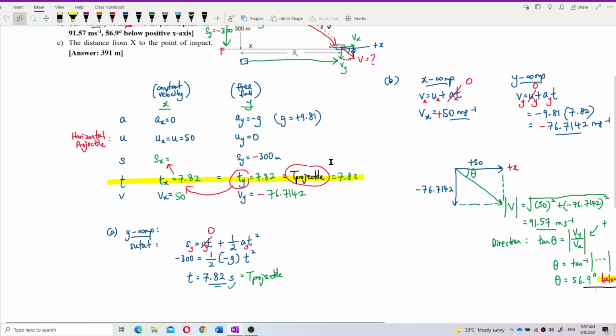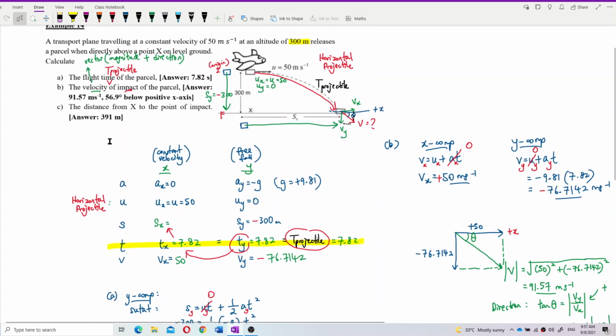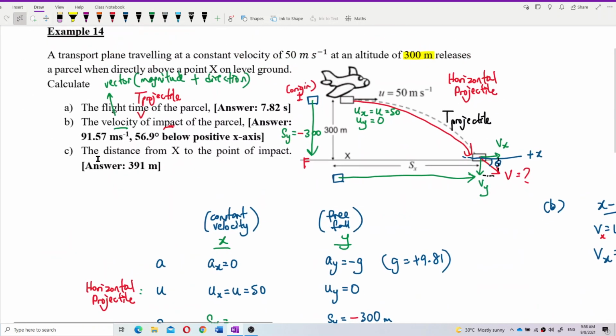The last thing is question C. Question C, what's the distance from x to the point of impact? So this is about the distance from x to the point of impact.